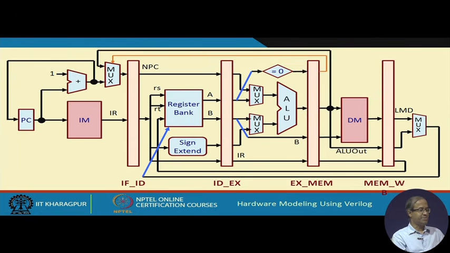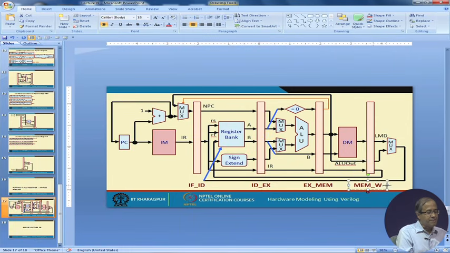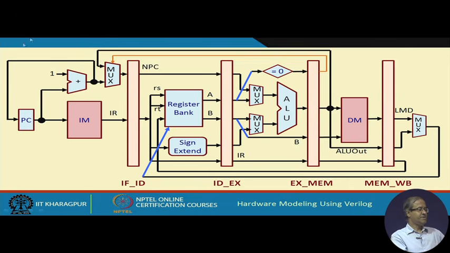Just see the simplicity of the thing, the whole processor pipeline is fitting within a single slide. Okay, let me just make it bigger. You see this is your instruction fetch, decode, execute, memory, WB.